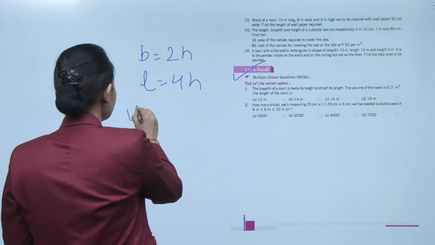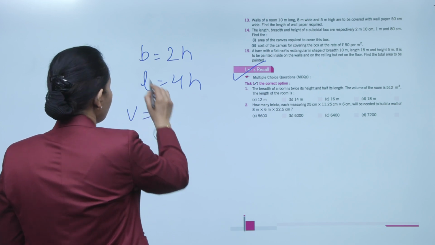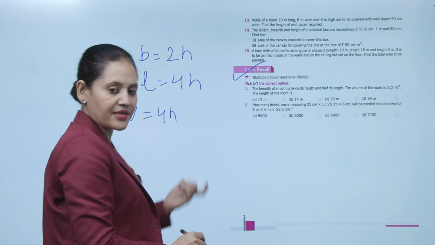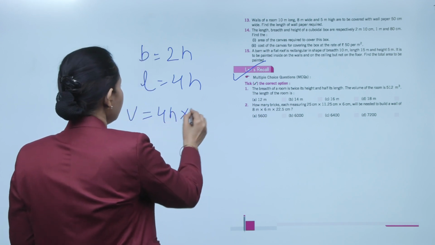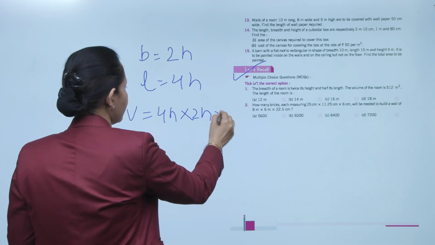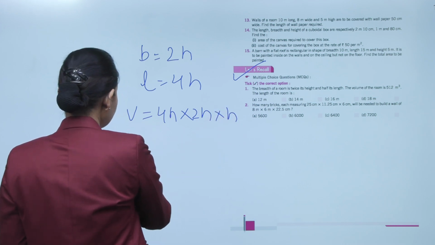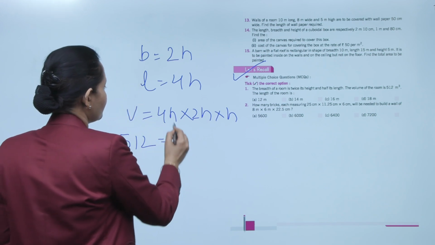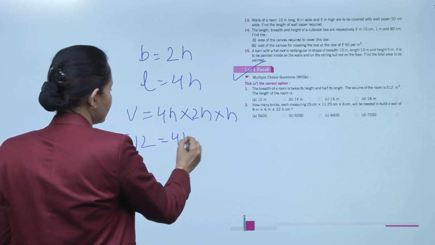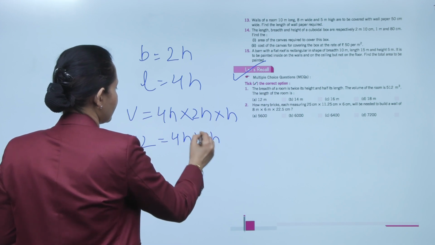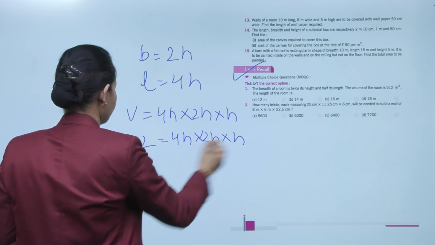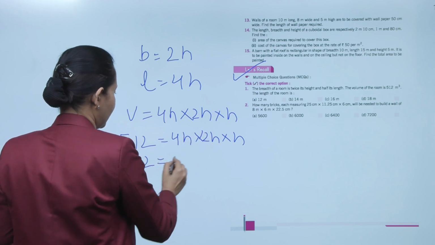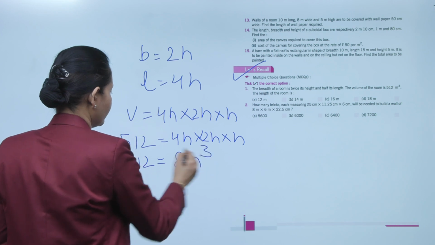Now the volume is equal to L into B into H. Instead of L we put the value 4H, B is 2H, and into H, that is equal to 512 meter cube. Volume is given, so 4H into 2H into H. So 512 equals 4 into 2, which is 8 H cube.